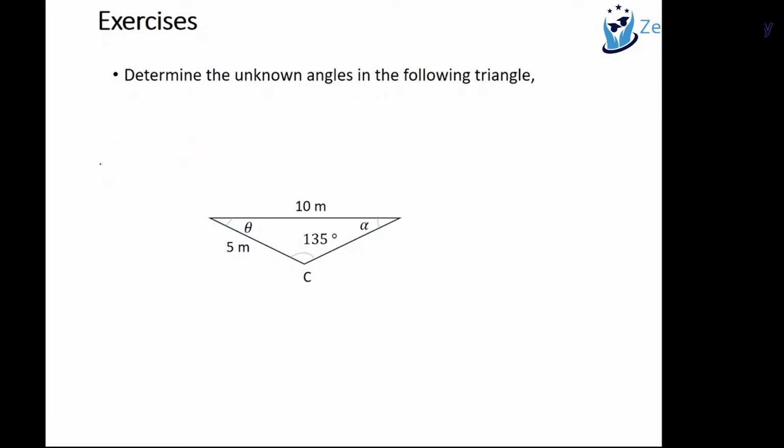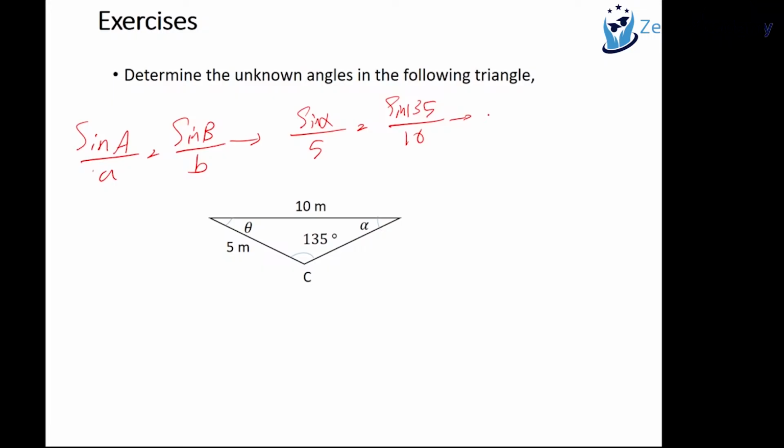So remember the sine rule, right? When we say the ratio is the same, when we say the A over sine A equals B over sine B, I could flip these fractions and it still is the same rule. So I can say sine A over A equates sine B over B. So in this example would be sine alpha over 5 meter equates sine 135 over 10 meter.